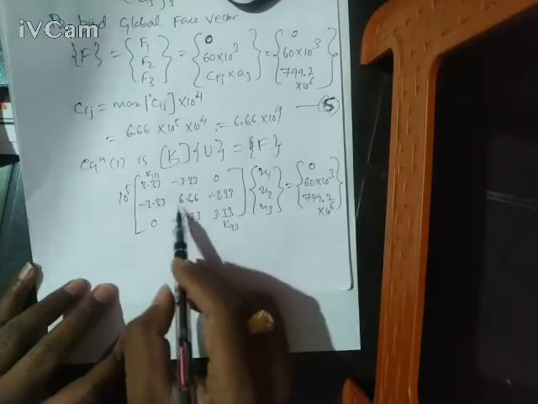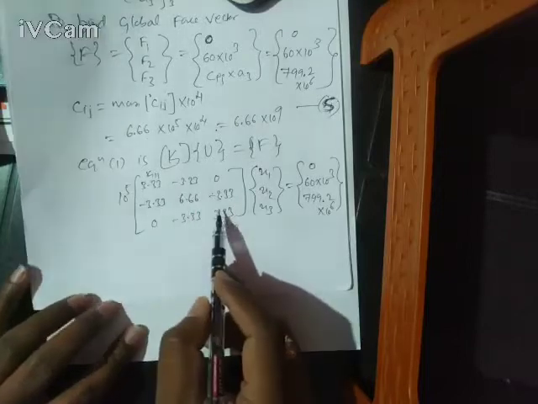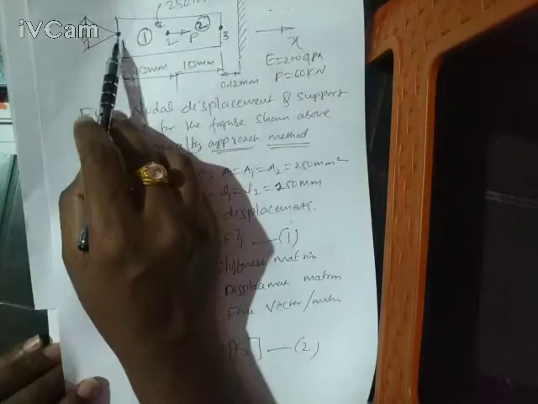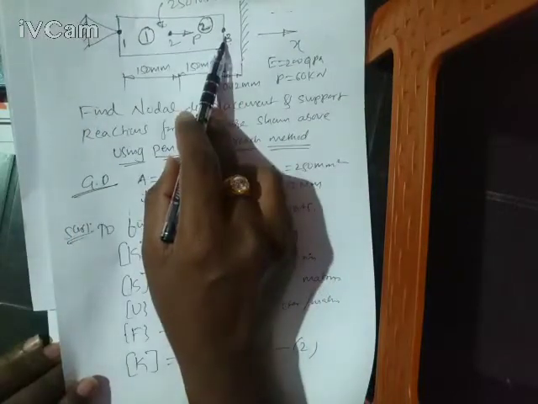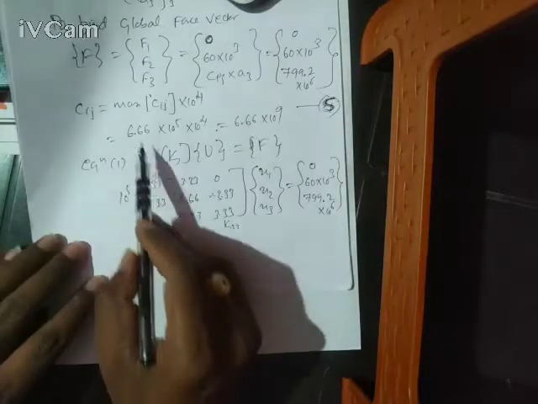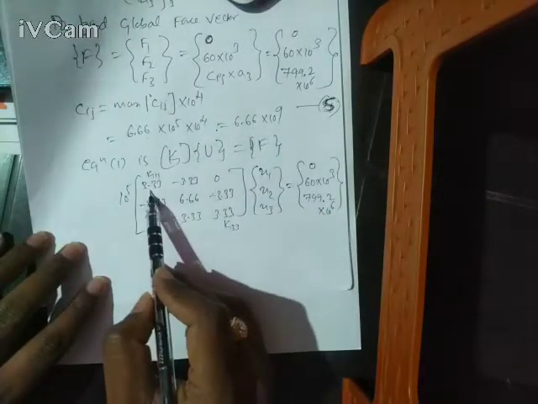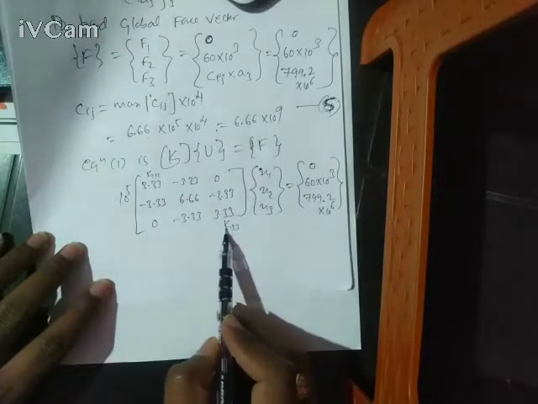Why am I adding only at these two places? Because see here, in the given problem, node number 1 and node number 3 are fixed. So that is the reason I will be adding this value as a penalty to the positions K11 and K33.